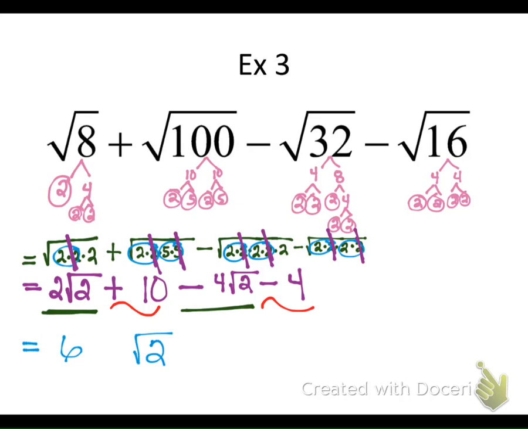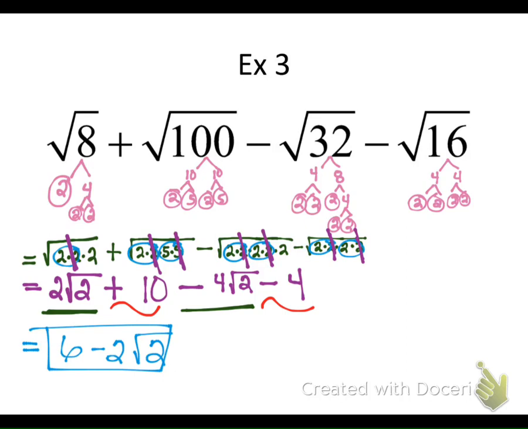It's a negative 2. That's your answer. So 6 minus 2 square root 2. We do the numbers first and then the square root numbers? Okay, so that's example number 3.